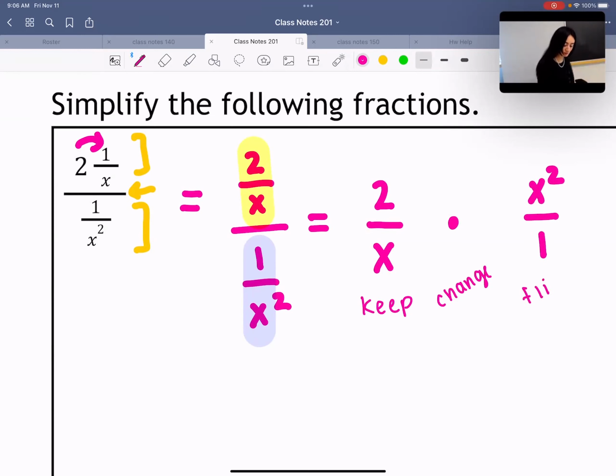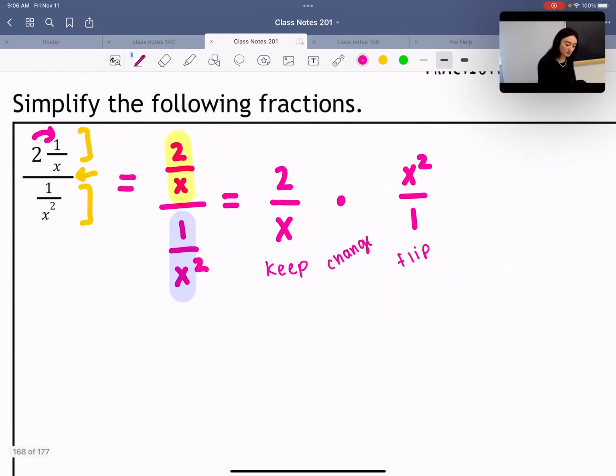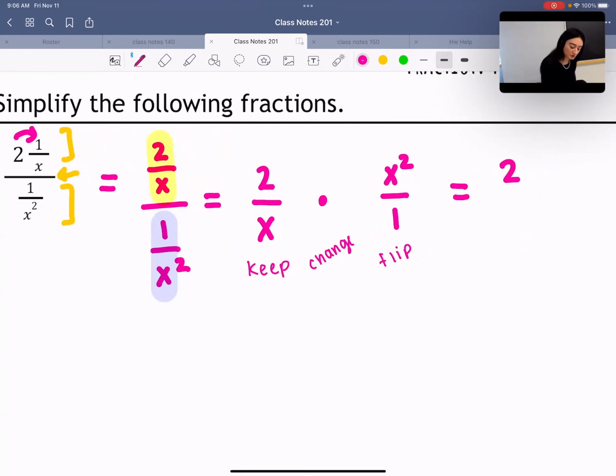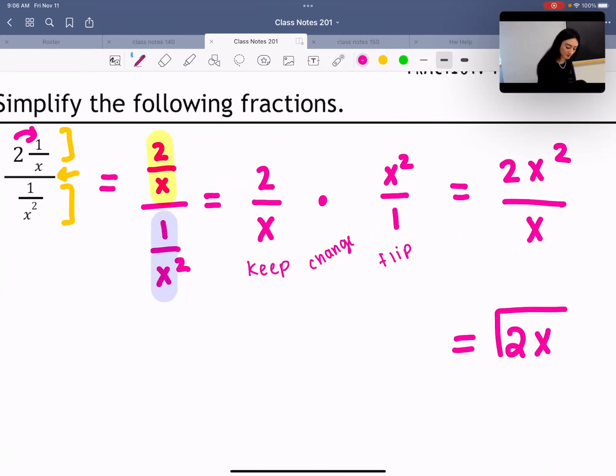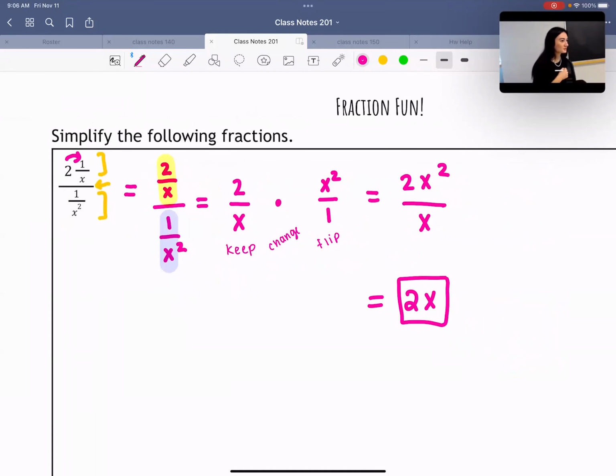Flip. That's how we go about doing a fraction over another fraction. Once we're here, you can multiply across to get 2x squared over x, and then simplify by doing x squared divided by x to get 2x. Any questions on the first fraction?